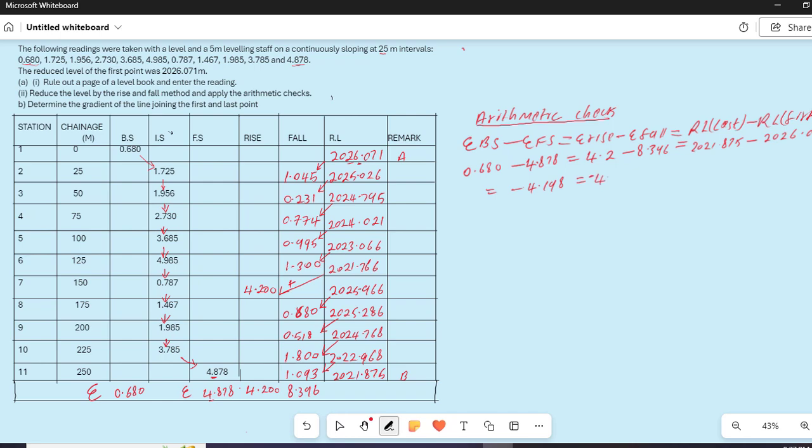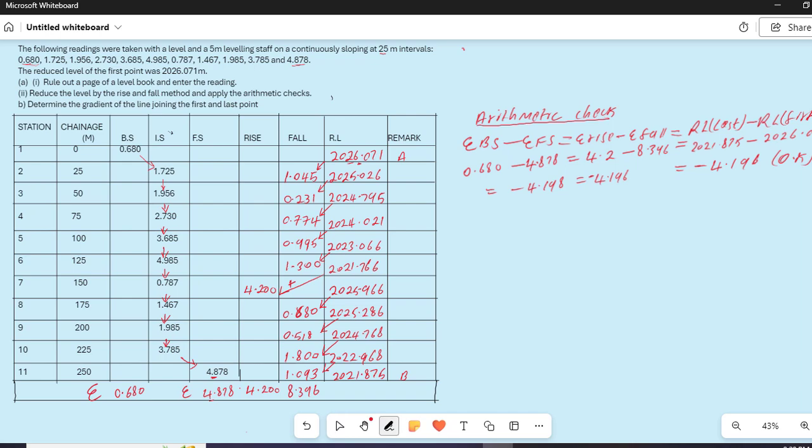And then 2021.875 minus 2026.071 gives us negative 4.196. My data are the same, so therefore it is okay. The arithmetic check is okay. So I've done the reduced levels, and I've also done the arithmetic check.